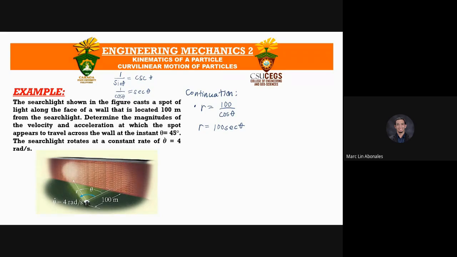This is the equation for r at any angle, so it can be used if we want to determine for other angles like 60, 80, 70, and so on. We will substitute 45 degrees later, once we have differentiated. So we can now perform the derivative on this equation.